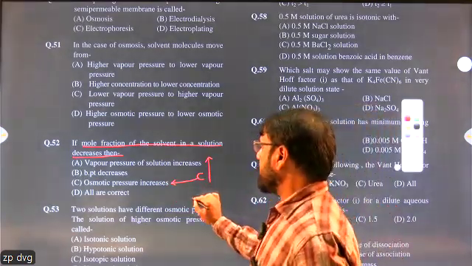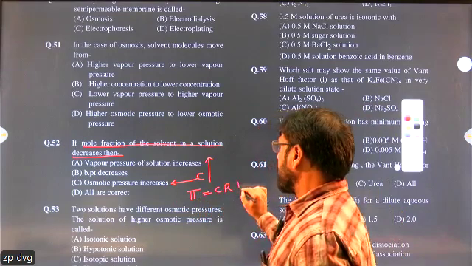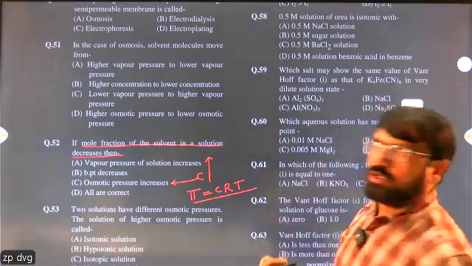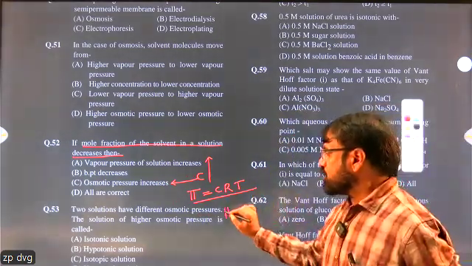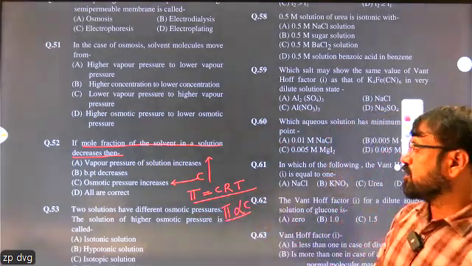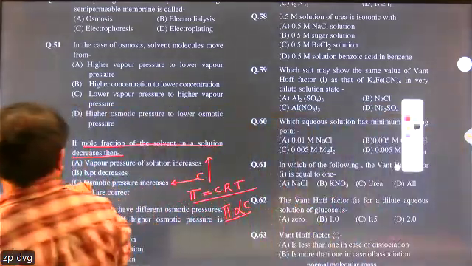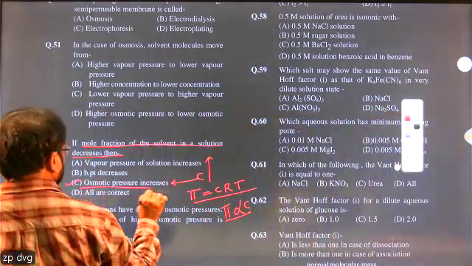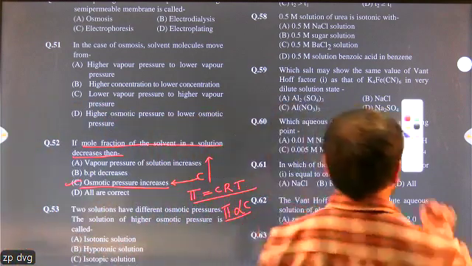There is a mathematical relation, pi equals CRT: osmotic pressure and concentration are directly proportional at constant temperature. Therefore, option C, osmotic pressure increases, is the correct answer. Next, question number 53.